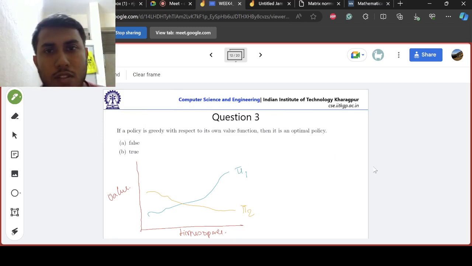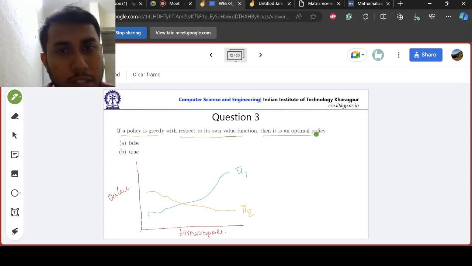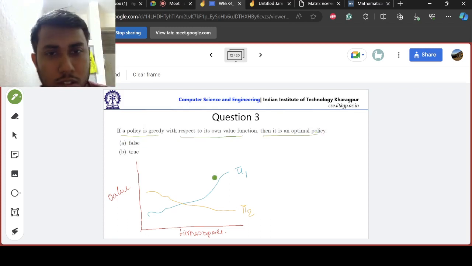Now, if a policy is greedy with respect to its own value function, then it is an optimal policy, the theorem says. So what is the optimal policy in this case? The optimal policy in this case will be something like this, right?